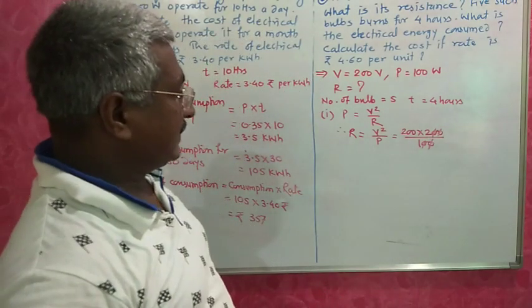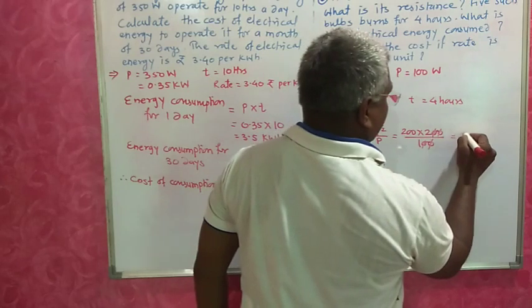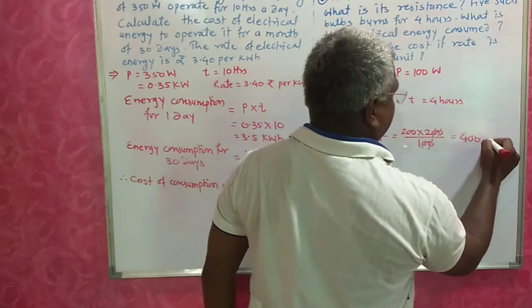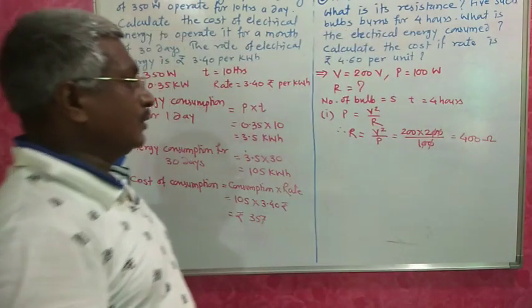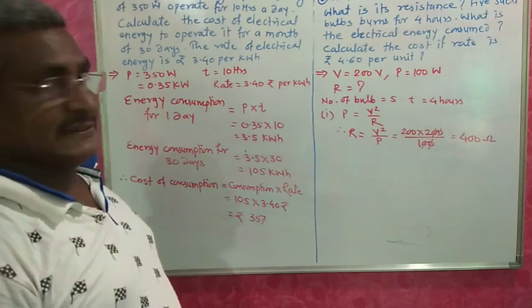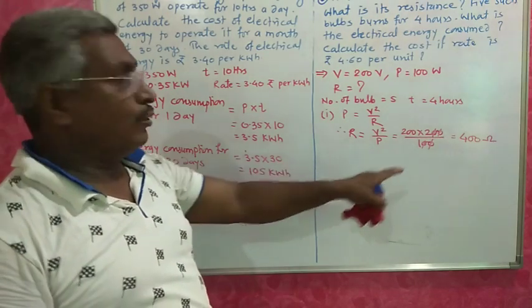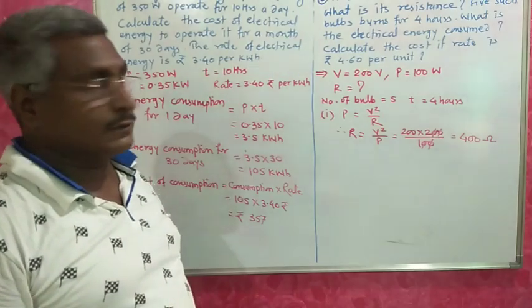So what will we get? Resistance 400 ohm. What is the resistance? 400 ohm. So the first answer we got.